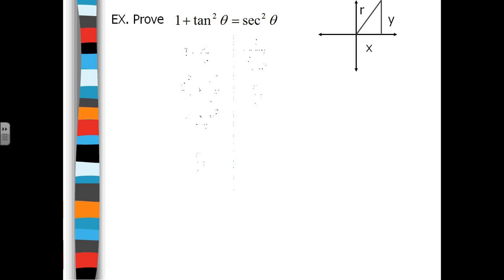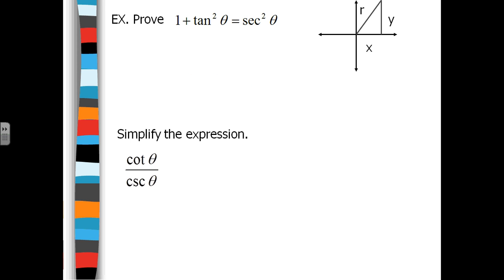The other type of thing that you're going to have to do is simplify expressions. So if you had this expression cotangent theta over cosecant theta and you needed to simplify, without going to the x, y, and r, we can actually use our reciprocal identities and ratio identities to simplify this.